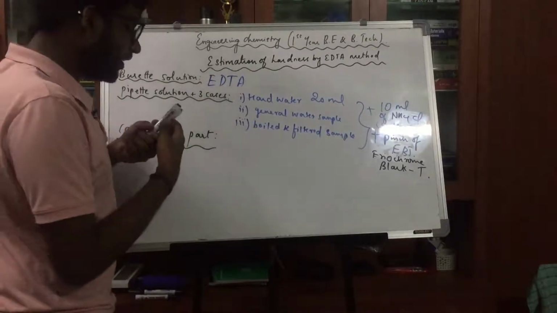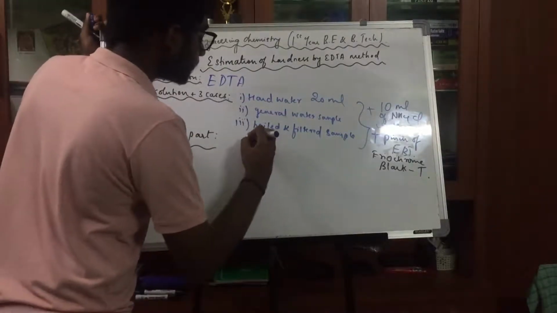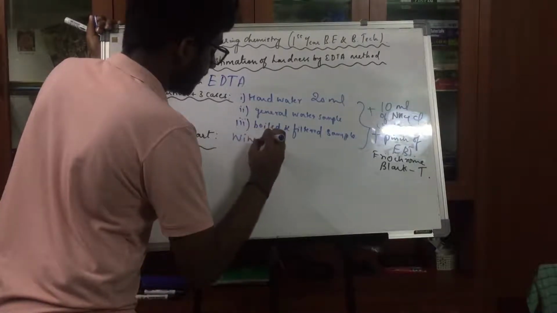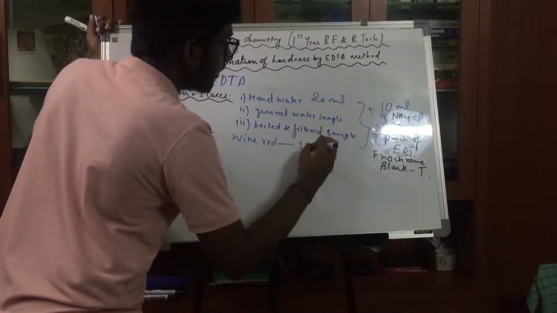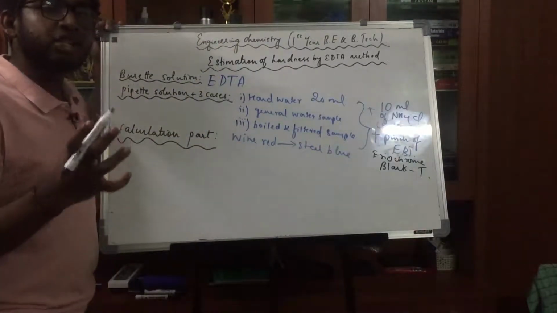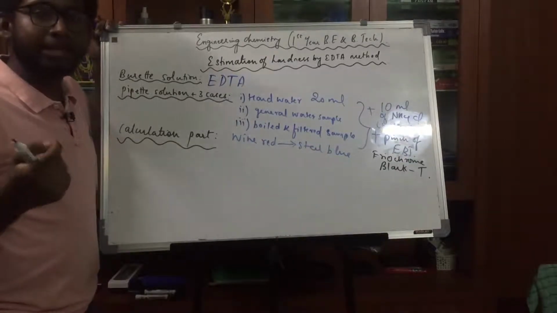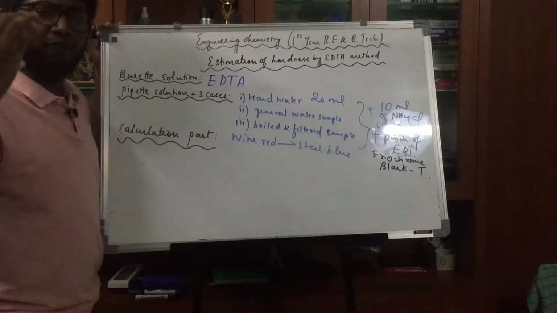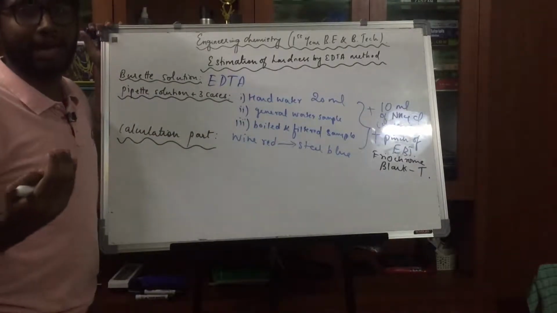Before I go on with the calculation part, let me mention the end point. The end point will be wine red to steel blue. First you take your pipette solution. That means you pipette out 20 ml of these samples depending on what titration you are carrying out.